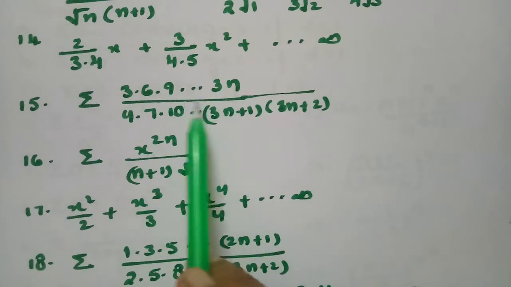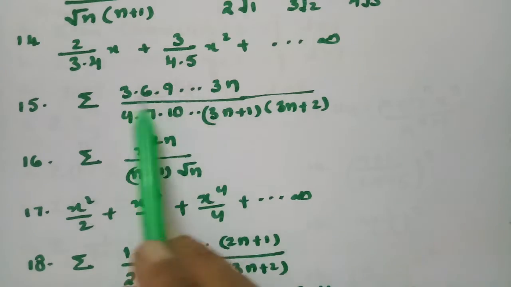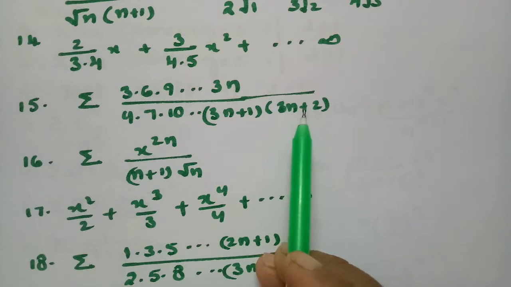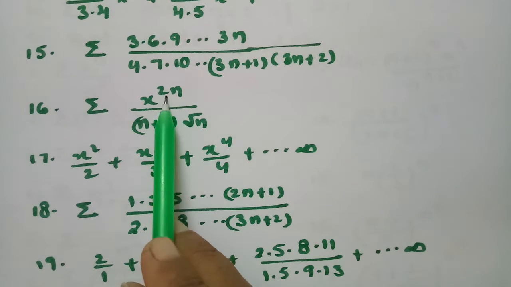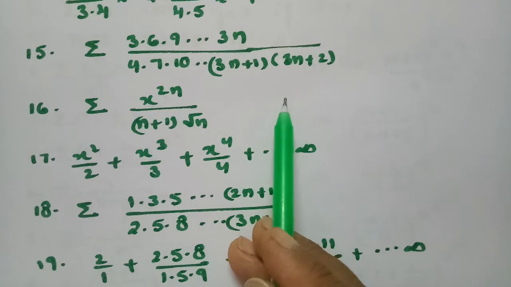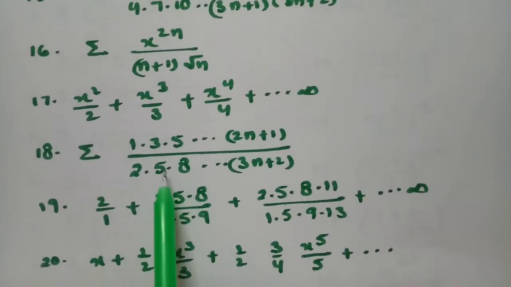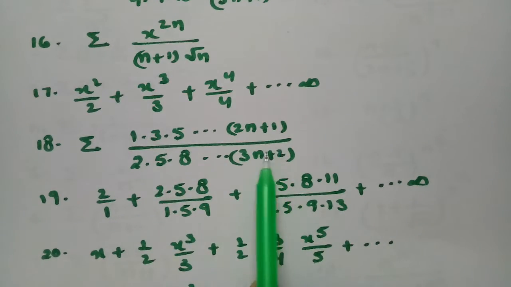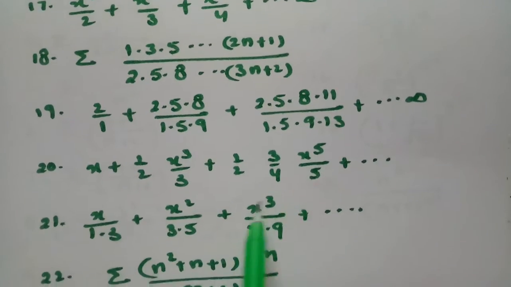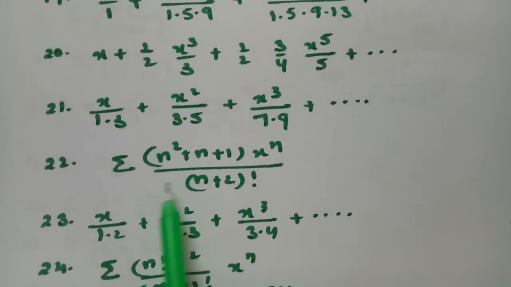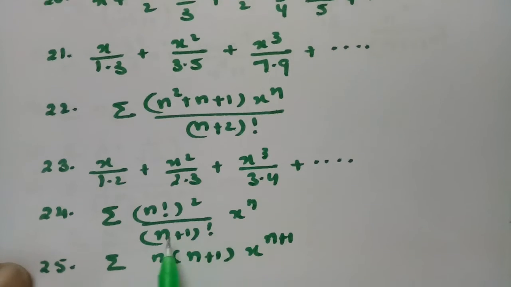If this is there, like mathematical induction problems, we have to use D'Alembert's ratio test. This is 2 power 2n, this one. In this case also you have to take the next step as un plus 1 and cancel. And factorials or x combinations will be there for most of the questions. These are all the questions from the textbook exercise problems.